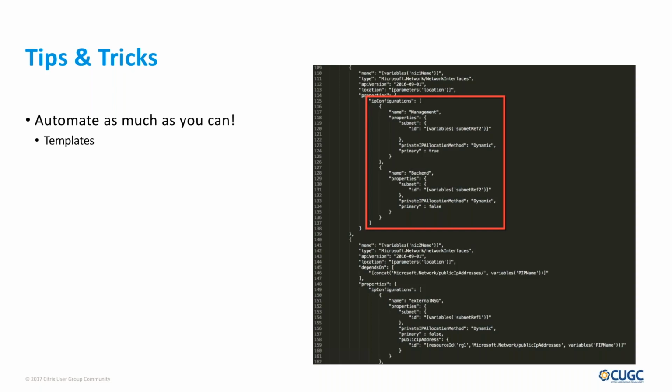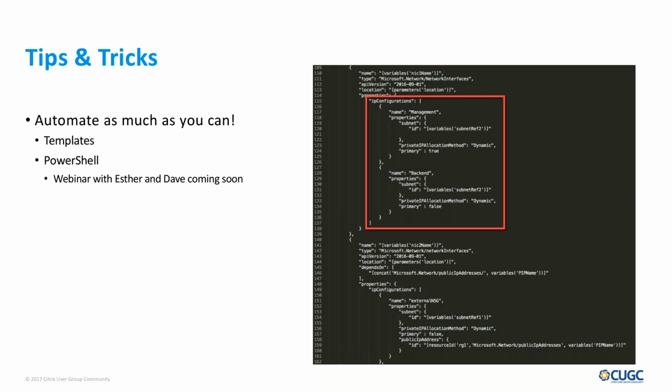So this is a template to split up front-end and back-end communications in your NetScaler, running with two network interfaces, one with two IP configurations and one with one IP configuration. It's really easy to work with the template because you copy and paste the specific lines, add some comments, type in some names, and that's it. Next, please.